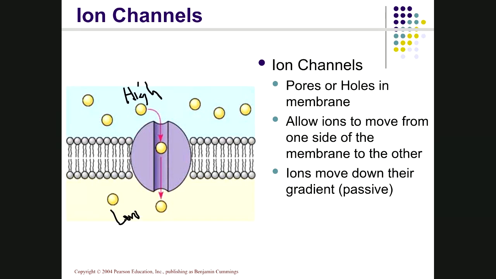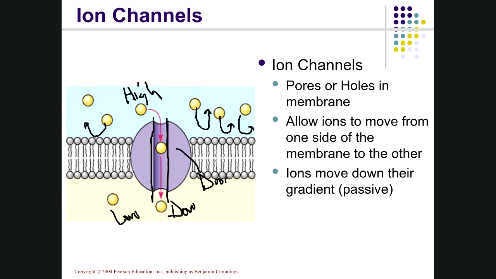But these things can't go through the membrane. They're too big, or they have the wrong charge to go through the membrane. And so if we want them to get through, we have to provide like a doorway. And that door is this ion channel. It's an open space through which it can travel so that it can go down its gradient.